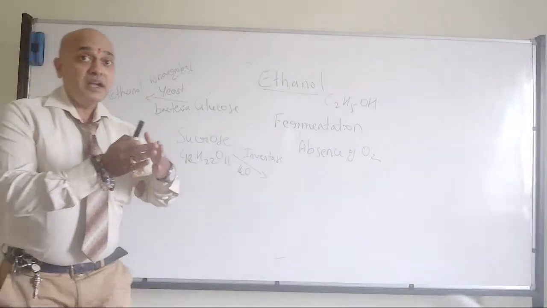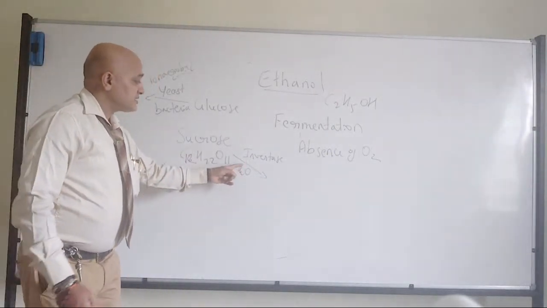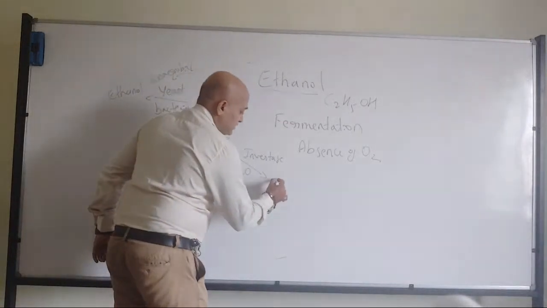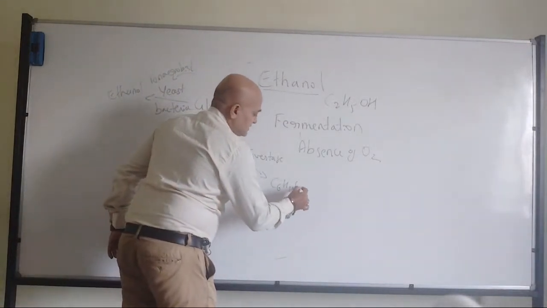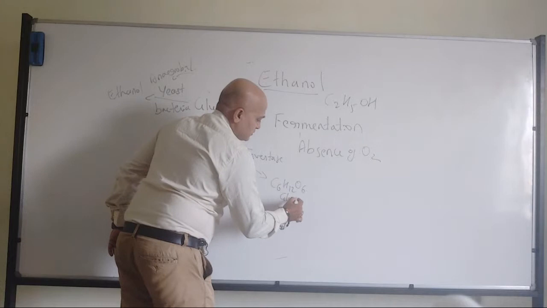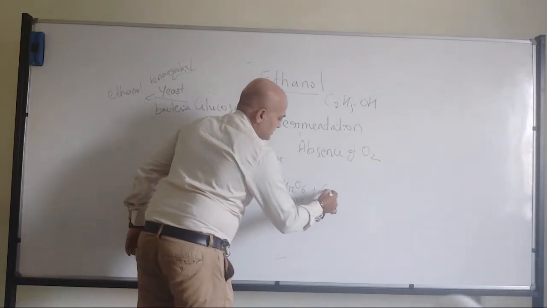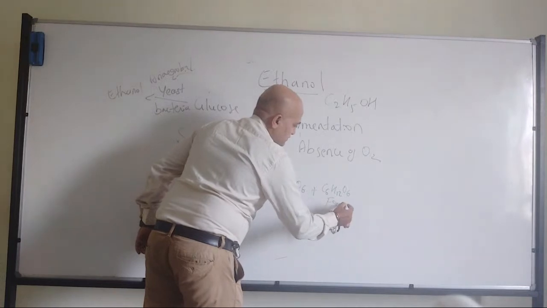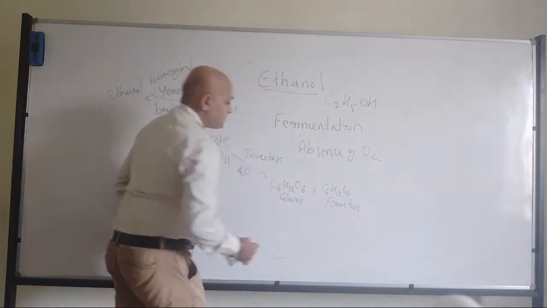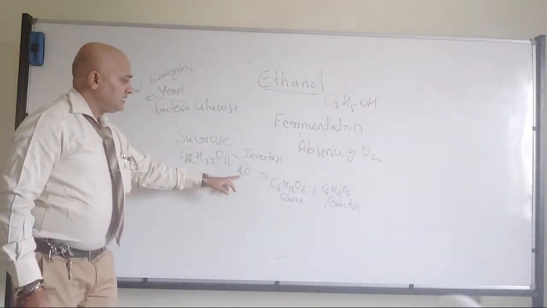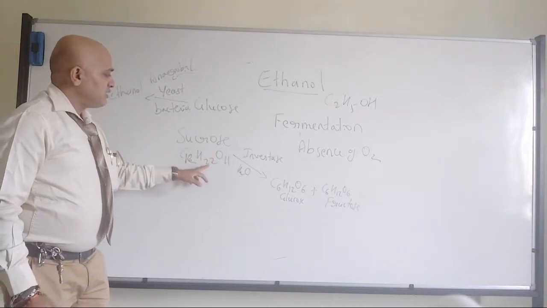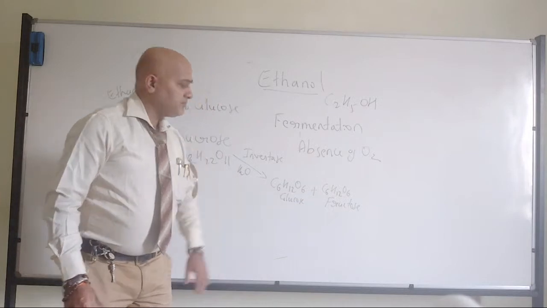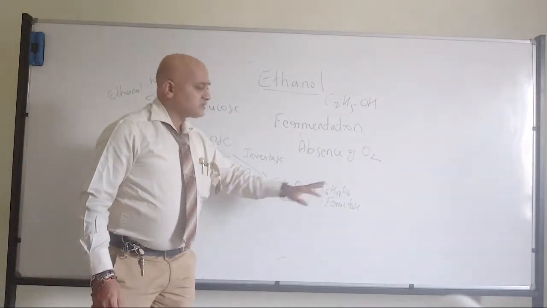I am telling hydrolysis, so that's where I have shown water. So they will undergo hydrolysis to form C6H12O6, that is glucose, plus C6H12O6, that is fructose. Right? Since a water molecule is added, instead of C12H22O11, it will become two molecules of C6H12O6.